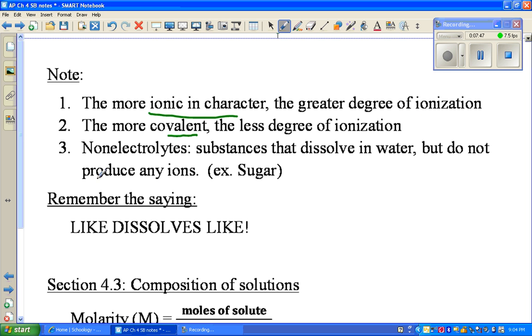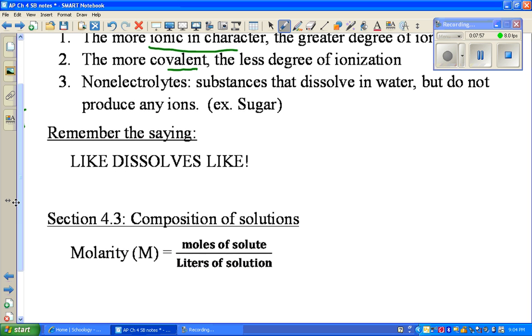And then non-electrolytes, that was our example of sugar, substances that dissolve in water but do not produce any ions. And remember, we've talked about that like dissolves like. So we can say that ionic is going to dissolve ionic substances in water.